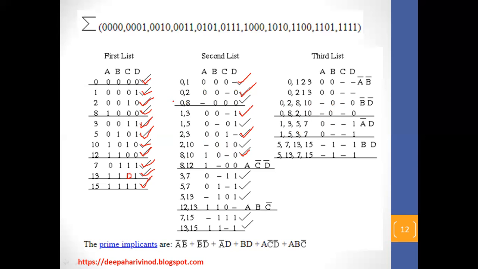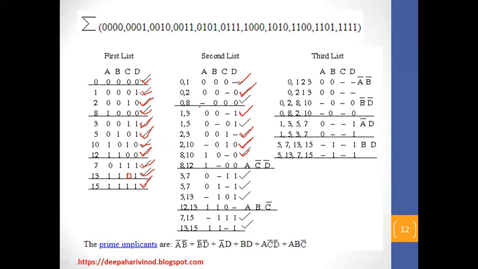Now next, 0 8. 0 8 can be compared with 2 10. First one it is dash, rest everything it is. So this bit is changing over here. So dash 0 will be the, so put a tick mark for 2 10. That is 0 8 2 10.